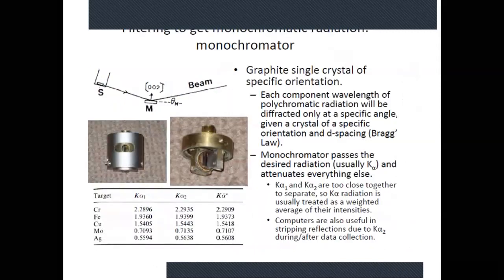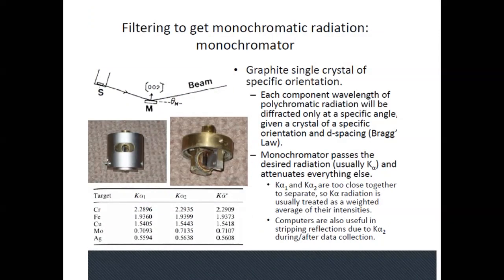So we use beta filters to remove the K beta radiation, but we also have to use a monochromator to adjust it so that we can have only the K alpha radiation pass through. So you have your source that produces all these different types of X-rays.